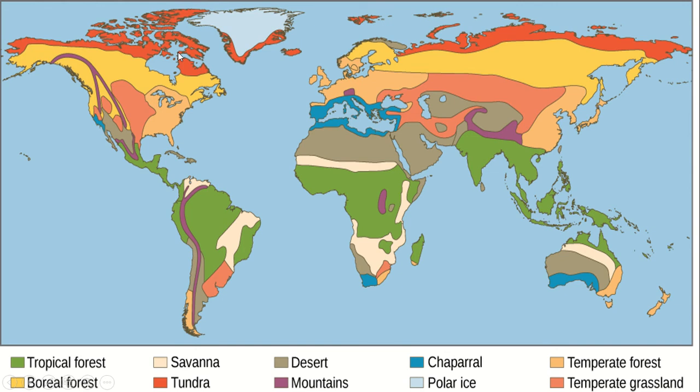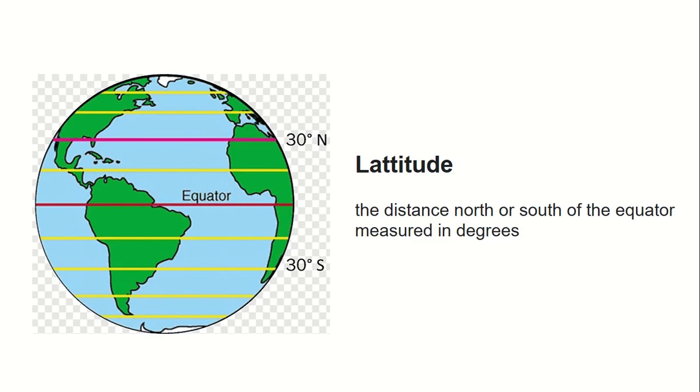And remember, a biome is an area of land which has a similar climate, similar soils, and similar plant and animal life. And if you recall, it's all to do with this word latitude. So latitude are those imaginary lines that circle our Earth, the equator being the most famous one.